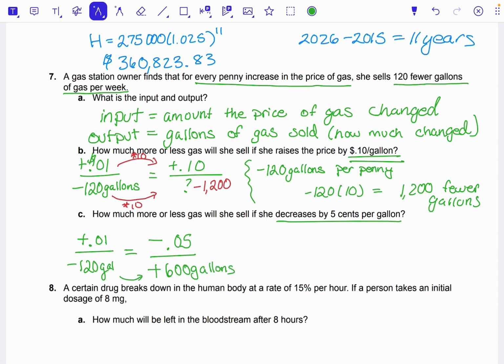So that's a times 5 amount here. Or if we're using the rate, negative 120, and since it decreases 5 cents, we're decreasing 5 pennies. And so it ends up being 600 more gallons using rate of change thinking.